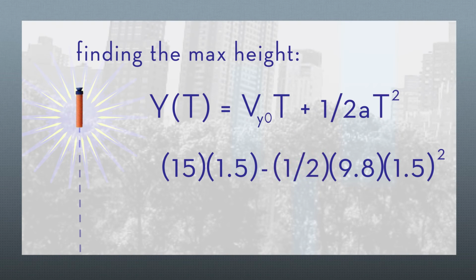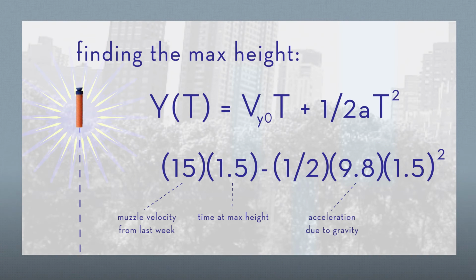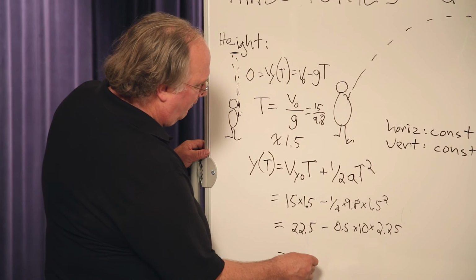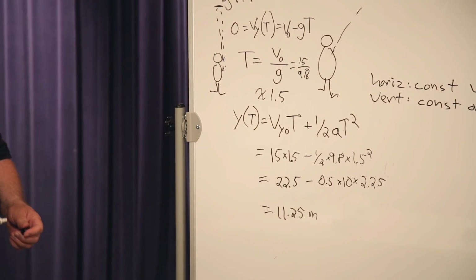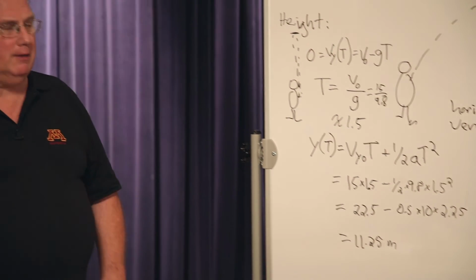So I get 15 times 1.5 minus 1/2 times 9.8 times 1.5 squared. So I get 11.25 meters, which is a perfectly reasonable height for a Nerf gun to go.